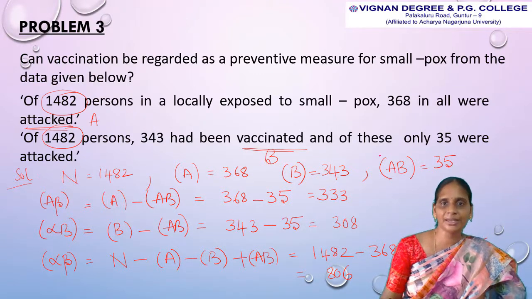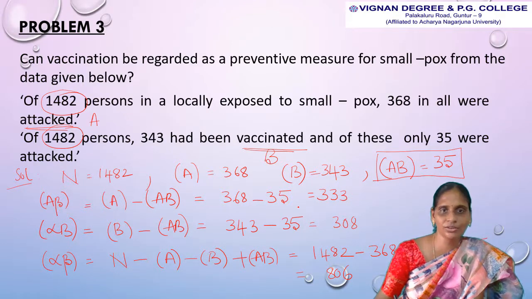So based on the second order class frequencies, we have to find the value of Q. Frequency of AB is 35, frequency of A beta is 333, frequency of alpha B is 308, frequency of alpha beta is 806.